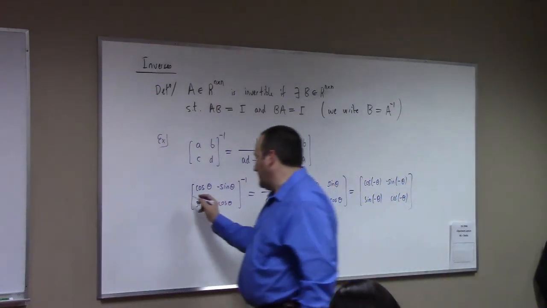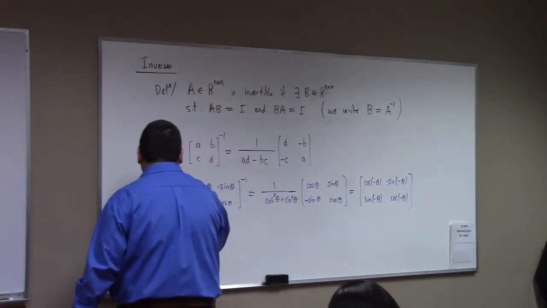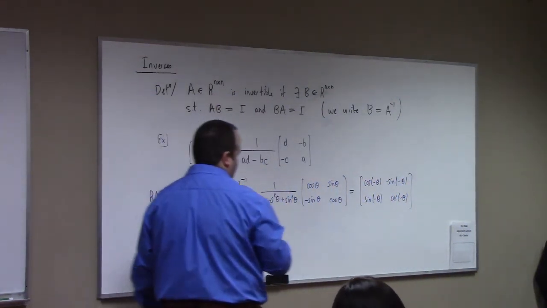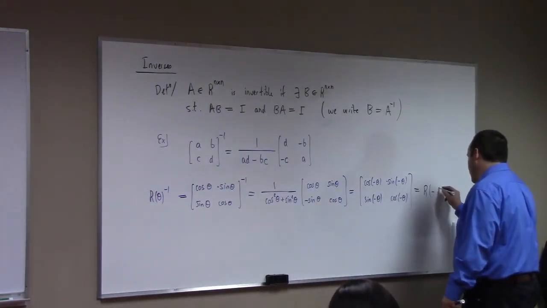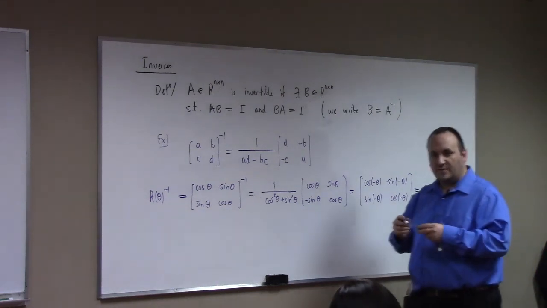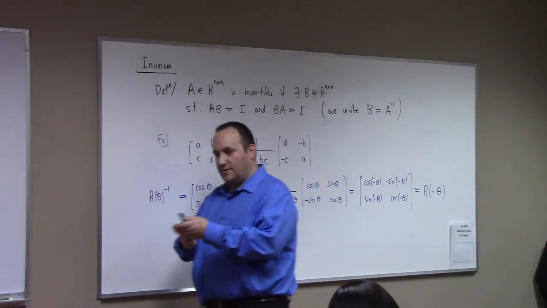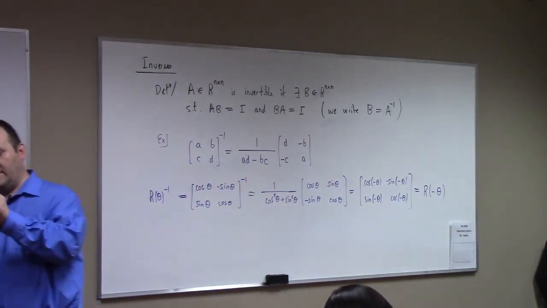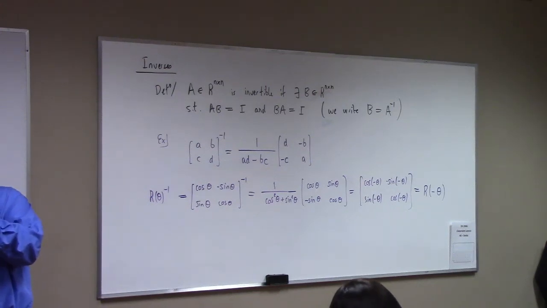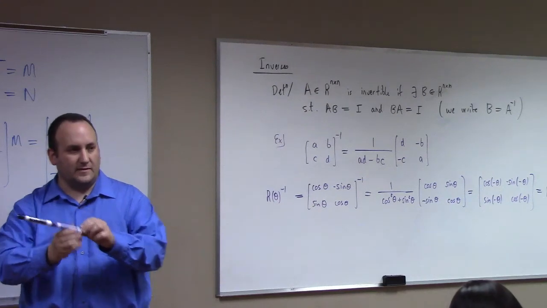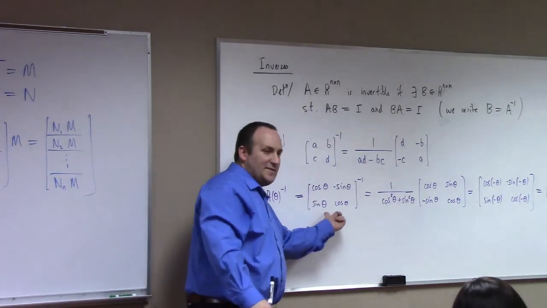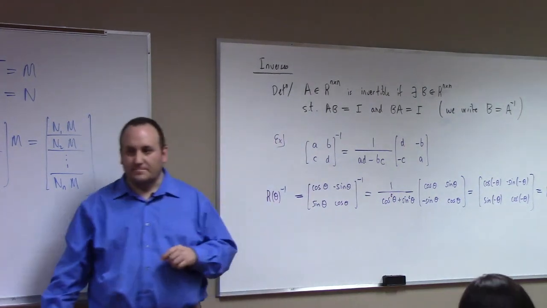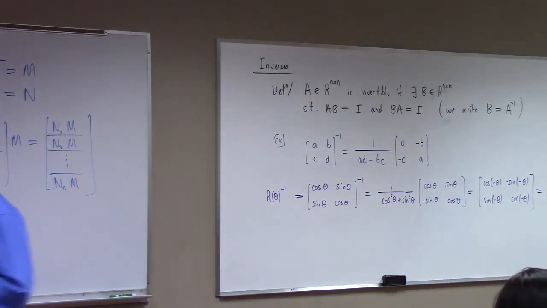See, what I just calculated is the inverse of the rotation matrix, and I showed that the inverse of a rotation matrix is the rotation by minus the same angle, which makes perfect sense, right? If you rotate by 30 degrees, then what's the inverse? It's to rotate by minus 30 degrees, right? Actually, the default is counterclockwise. This is actually a rotation matrix in the plane. But anyway, there's an example.